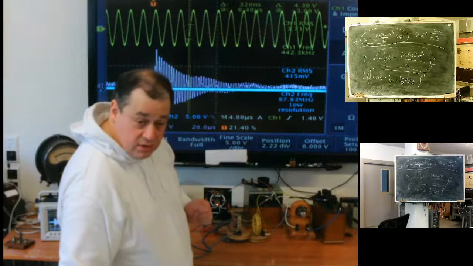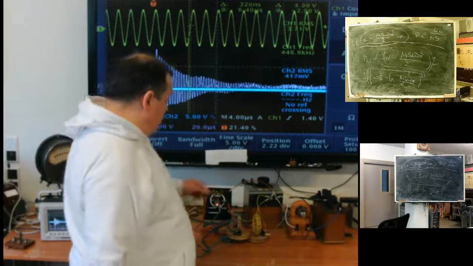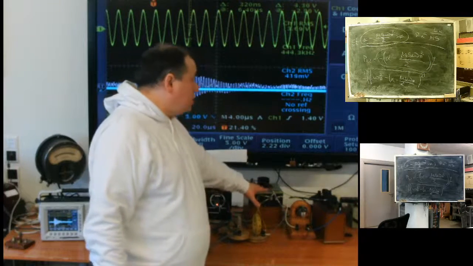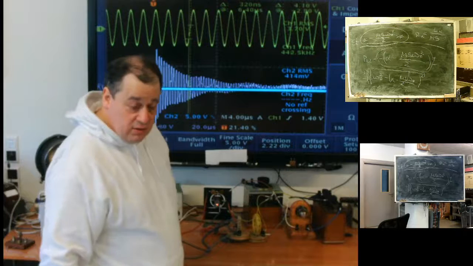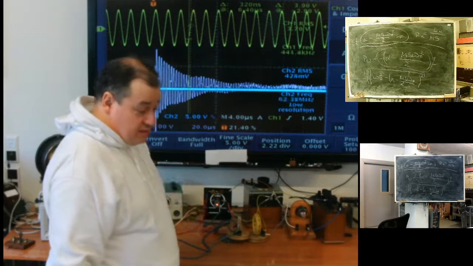Now it has become a generator. Since I have a resonance contour here, it becomes a generator of harmonic signal.